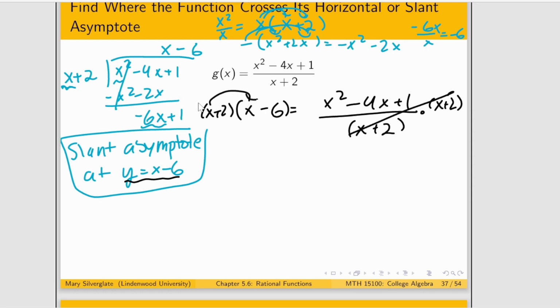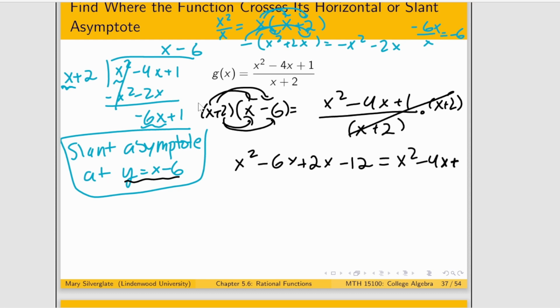I want to FOIL this out, so I get x times x is x squared, x times negative 6 is negative 6x. 2 times x is plus 2x. 2 times negative 6 is minus 12. Drop down the other numerator. Combine like terms, negative 6x plus 2x is negative 4x.